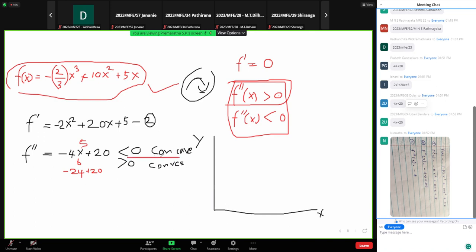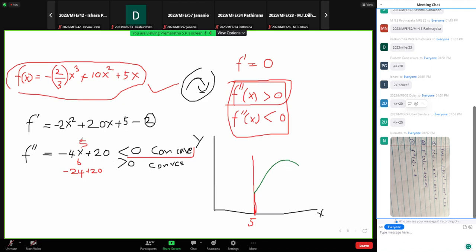Which means, let's say 5 is here on the x axis, after this part the equation goes concave, coming to the maximum.